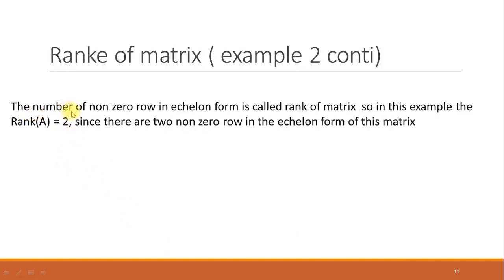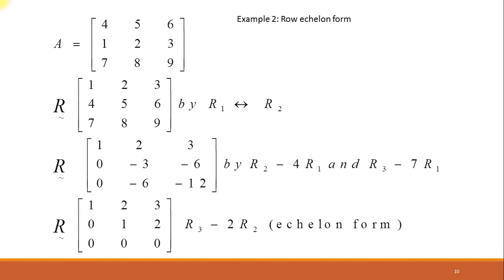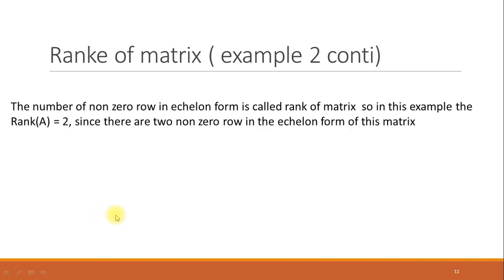This is the definition of the rank of a matrix. In the previous example, which I have already discussed, and in this example again I want to repeat, there are two non-zero rows in echelon form. So the rank of this matrix is 2.